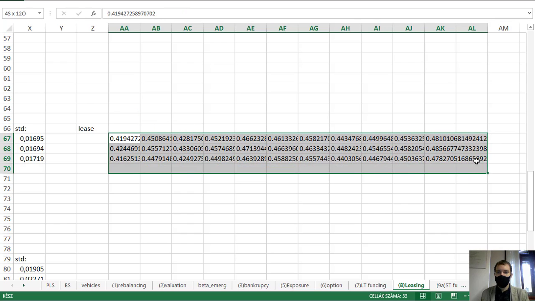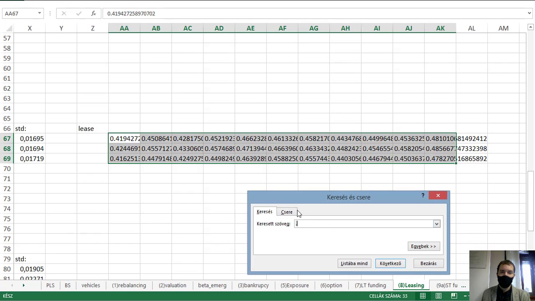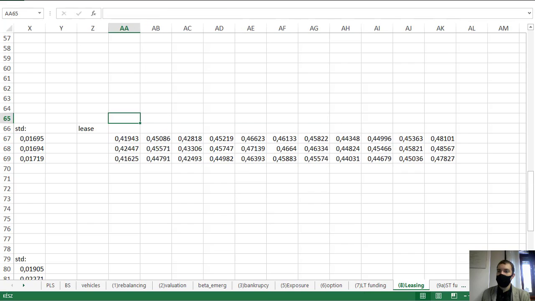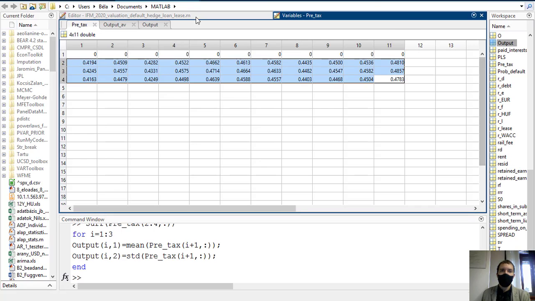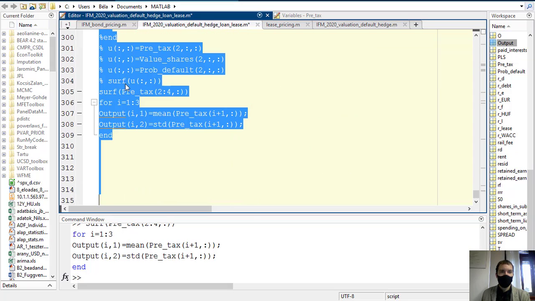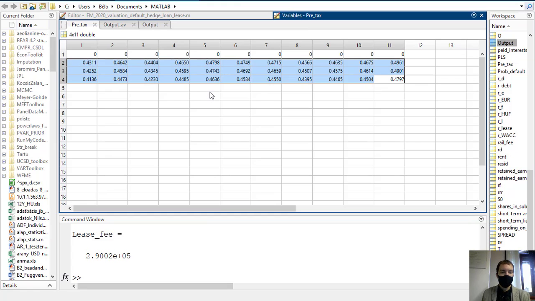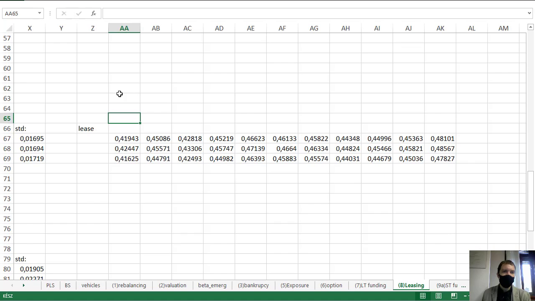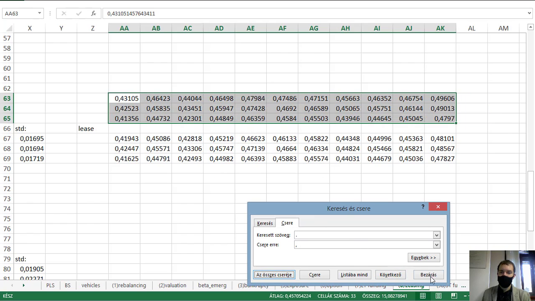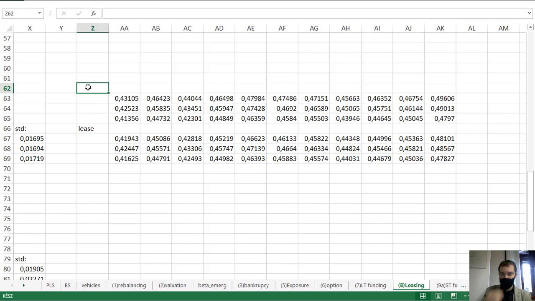Okay, so let's do it again, without the lease. Because if results are so close, then we can ask whether they are significantly different. And because we are economists, we can tell it. That's why we have the different time scenarios.